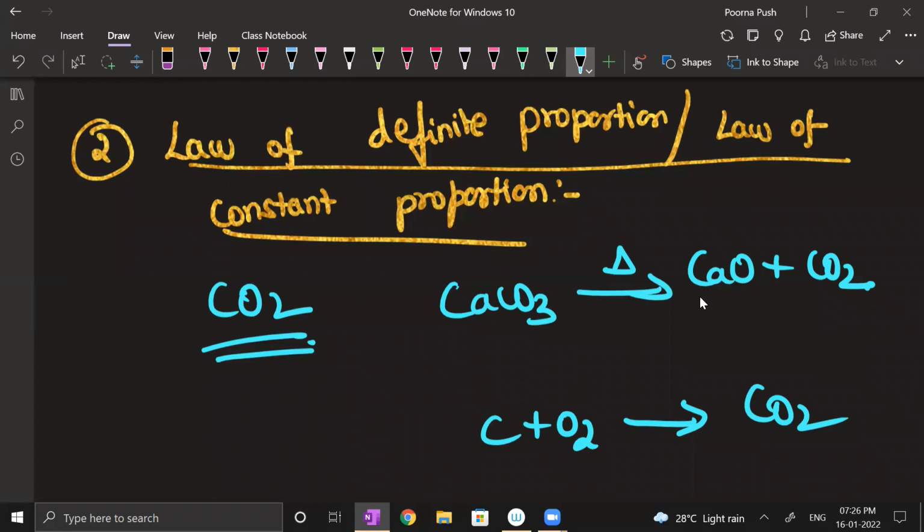So what is the law of definite proportion or law of constant proportion? However you prepare it, the mass remains the same. What is the mass of carbon dioxide? 12 plus 16 twos are 32, so 44. Yes, 44 grams, it is the same.